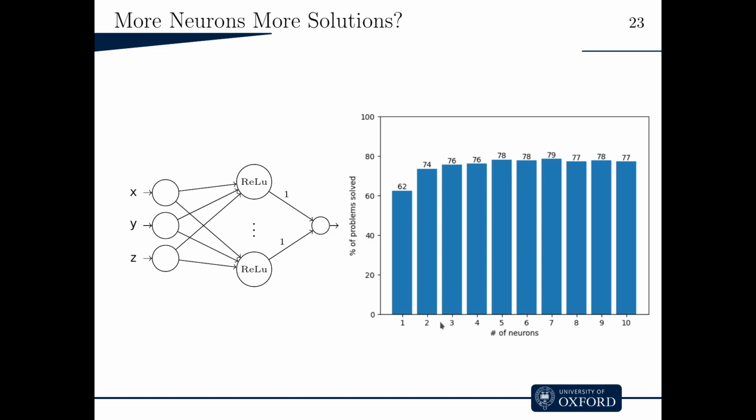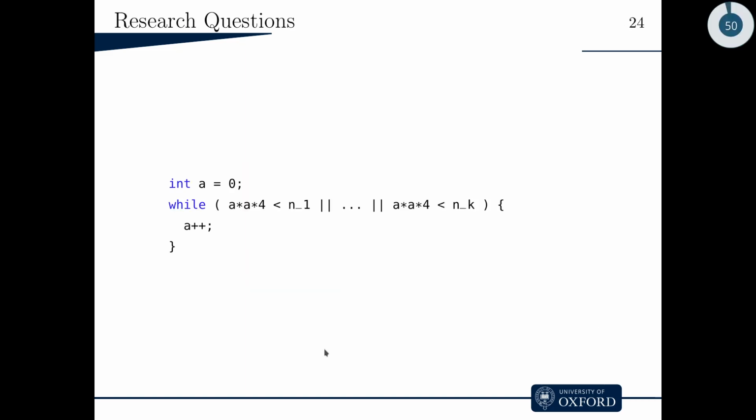Going any further will only lead to very marginal improvements, and then subsequently might even decrease the performance. However, we are able to come up with a certain problem, namely this problem where you have k disjuncts, where it turns out that we need a neural network of at least k hidden neurons to show this terminating in the first place. So here, if we had fewer than k neurons, it actually wouldn't be able to show anything terminating.